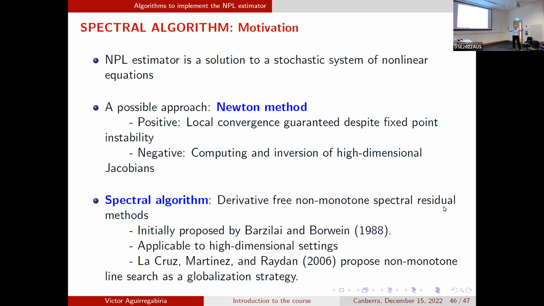High dimension, basically the idea is solving high dimension systems of nonlinear equations, and it is the best type of method to solve them. What are the main advantages of this algorithm? They are derivative free. We don't have to calculate any Jacobian at all.